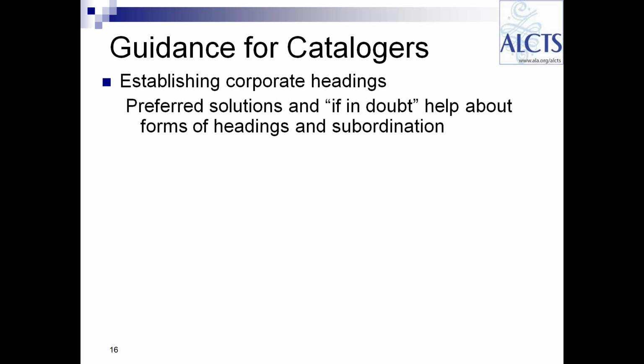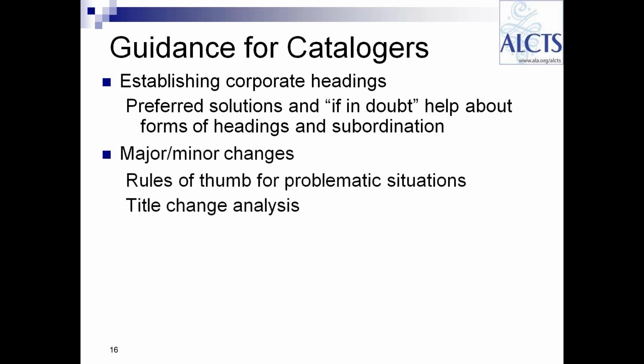Corporate body headings are very common with serial records, and corporate bodies that have subordination or multiple levels of hierarchy can take catalogers a lot of time to work out the form of the heading. So we provided some general guidance to help catalogers expedite their decision making on heading creation.